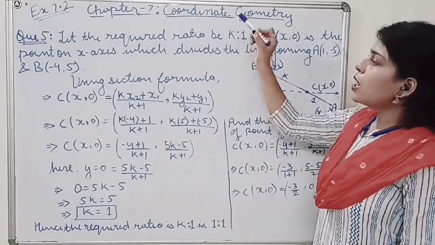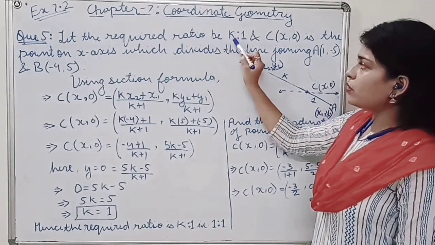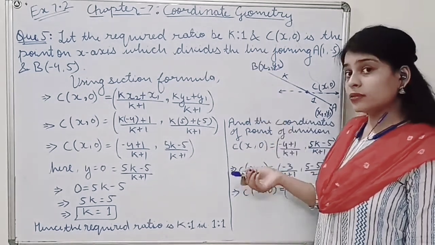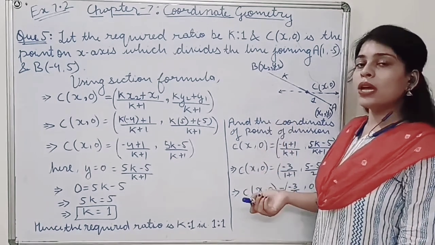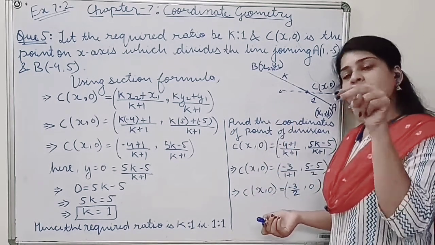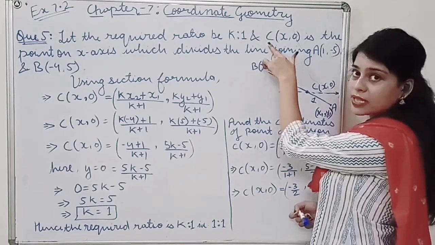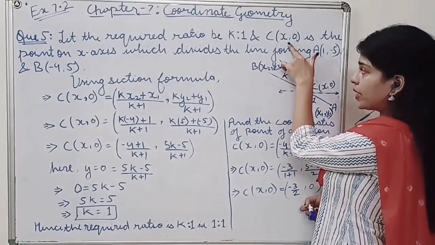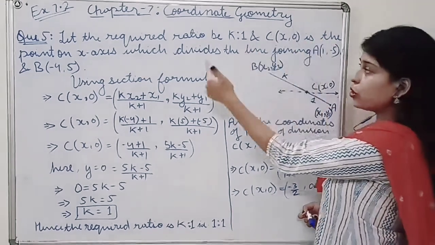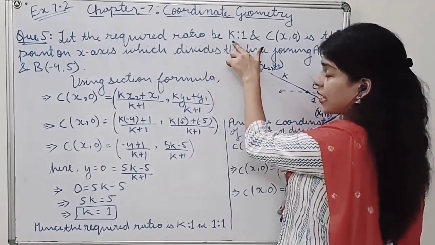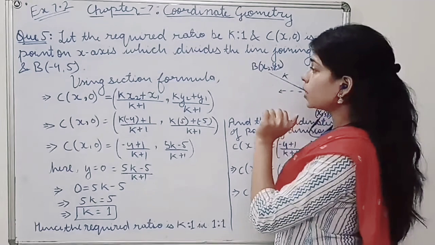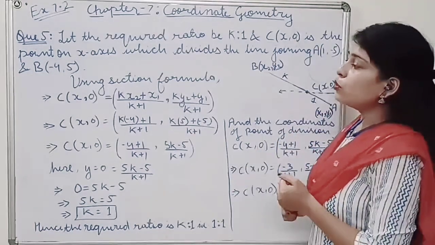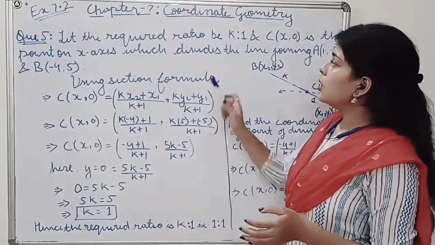So we have to find the value of only k. If we take the ratio as m1:m2, then we have to find the values of both m1 and m2. We have assumed the point of division as C with coordinates x0, and the ratio of division as k:1. Using the section formula only, we have to find the ratio.